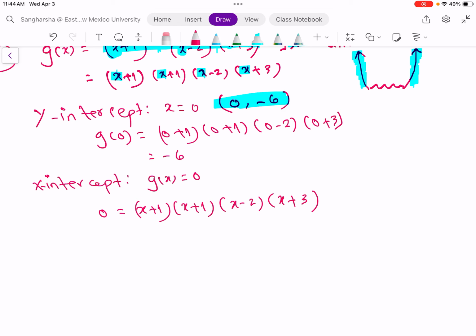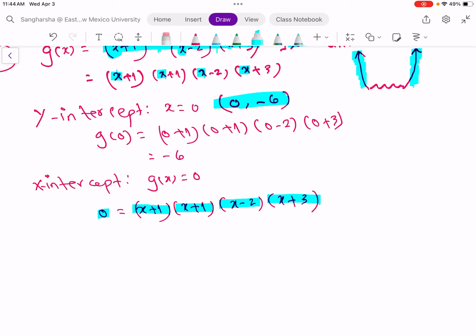If we look carefully, we have this number times this number times this number times this number equals 0. So we have the product of these 4 different numbers equal to 0. The only condition we need is that at least one of these numbers has to be 0 to get the product equal to 0.